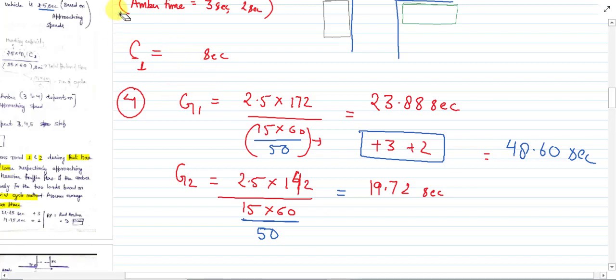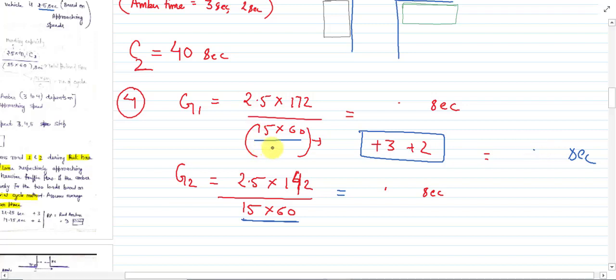So in the second trial, we use this as C2. In C2, our cycle time is 40, which is 10 seconds less than the previous cycle time. So everything will be changed here, and we put 40, 40.